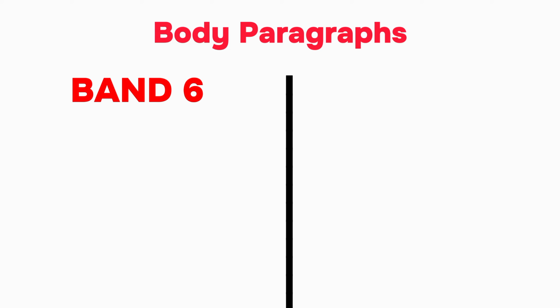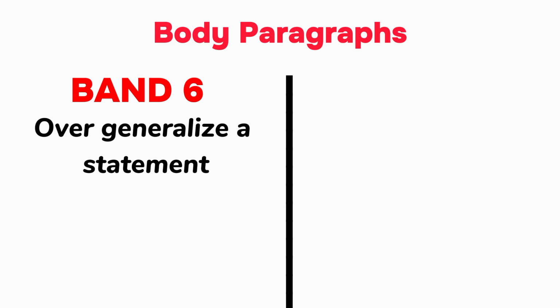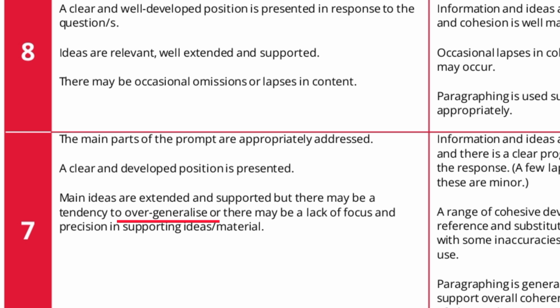Let's move on to the body paragraphs. A band 6 student here tends to overgeneralize statements, which is a feature of a band 7 task response. This means that no matter how good you write your essay, if you overgeneralize statements, you won't get above a band 7 in task response. Now what do I mean by overgeneralize?